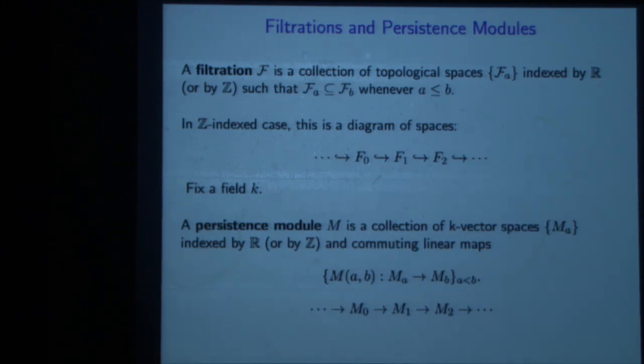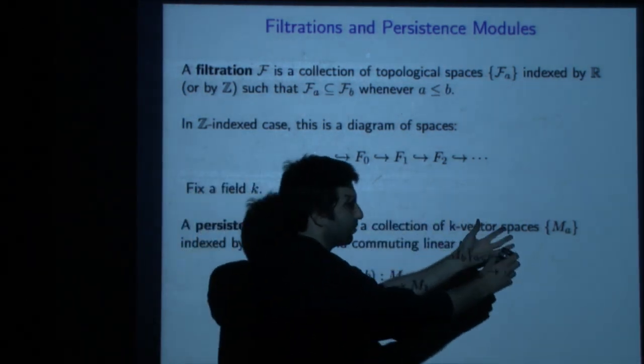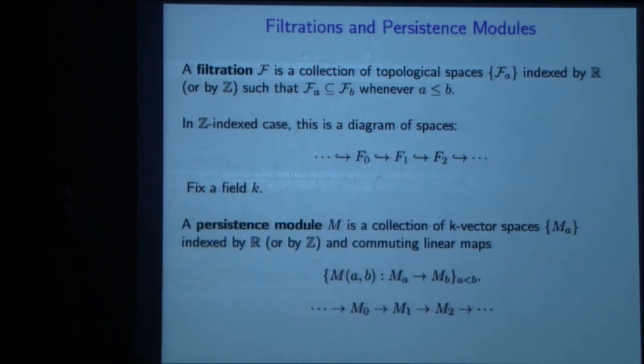Okay, so in the Z-index case, this is a particularly simple intuitive object. This is just a diagram of spaces of this shape. So I have F0 sitting inside of F1, sitting inside of F2 forever, and also forever backwards like this.